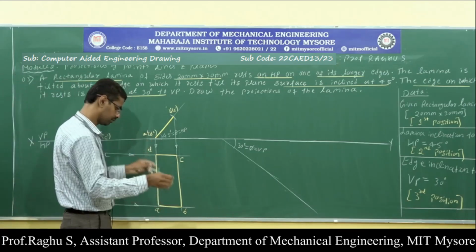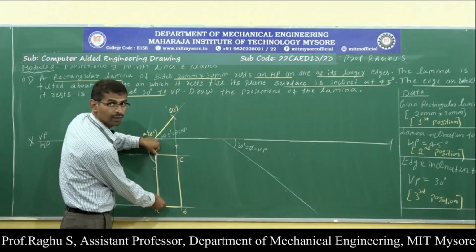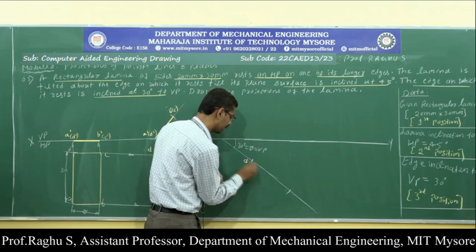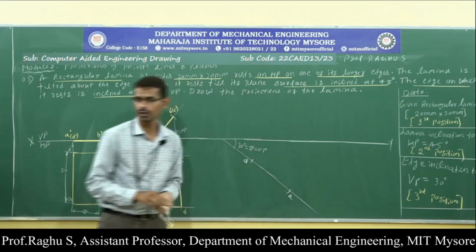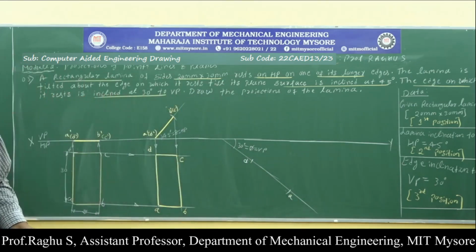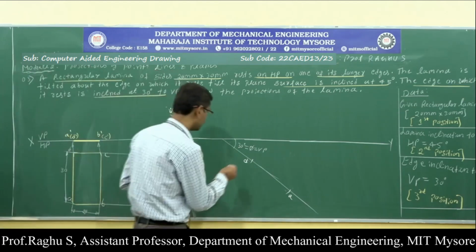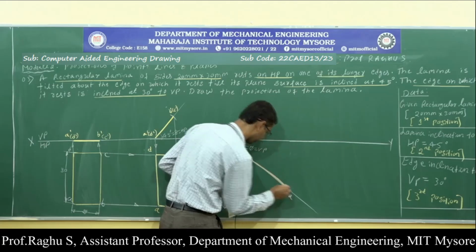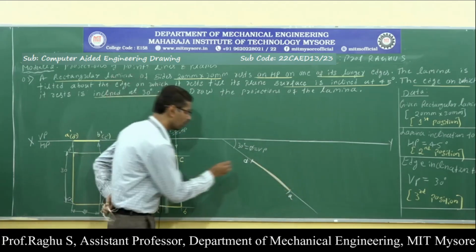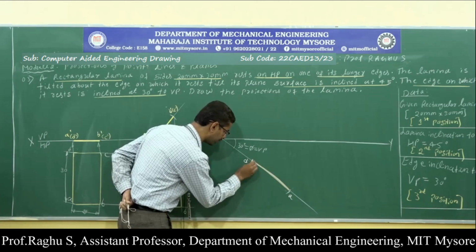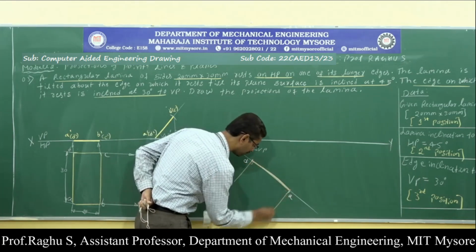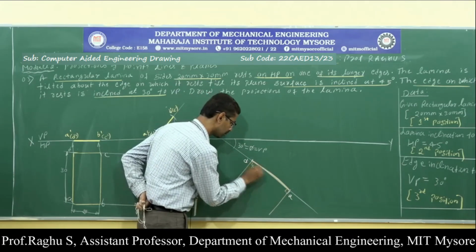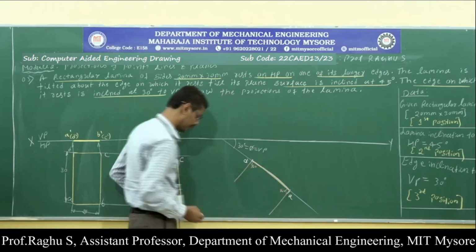Measure this dimension DA and mark it on the 30 degree line, D and A. Now make it dark. After this, using a protractor, draw 90 degree lines from point D and from point A.